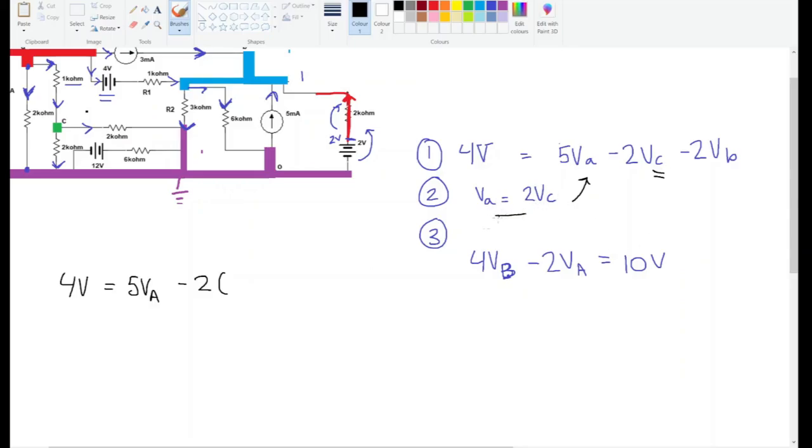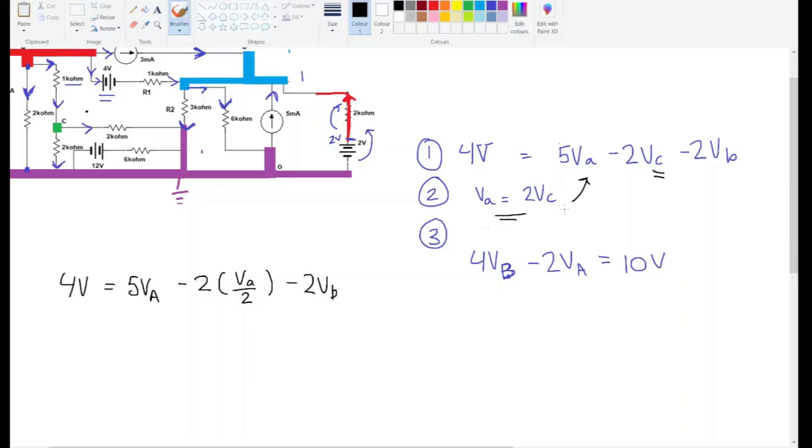If you rearrange this equation, you'll get VA over 2 is equal to VC. So we'll substitute that in, VA over 2, and then minus 2 VB.